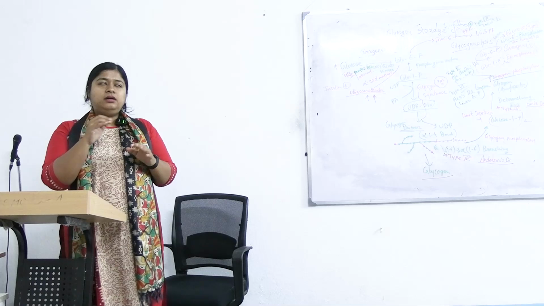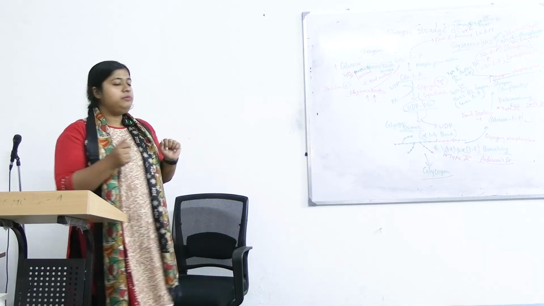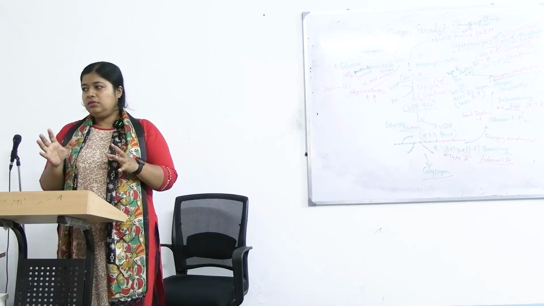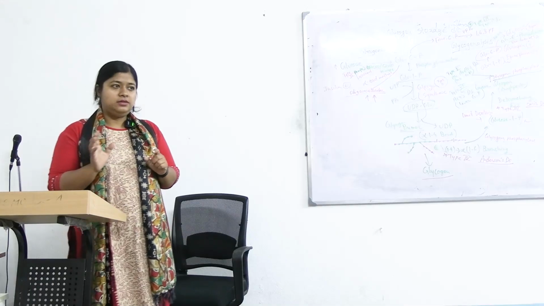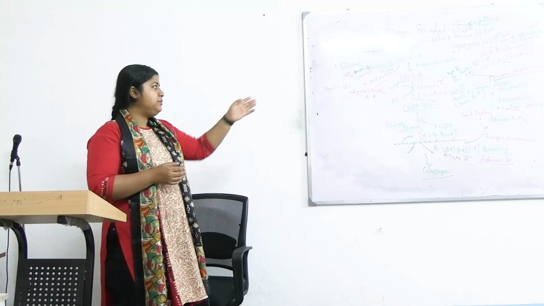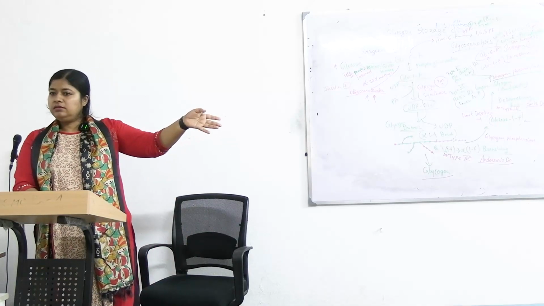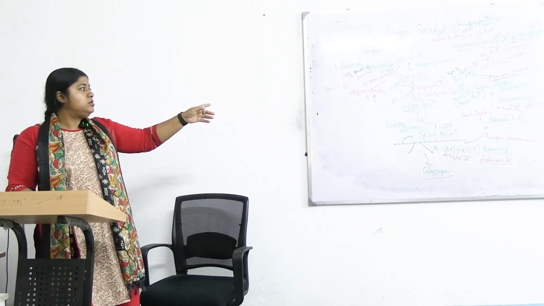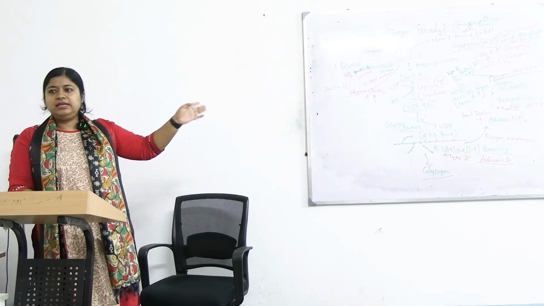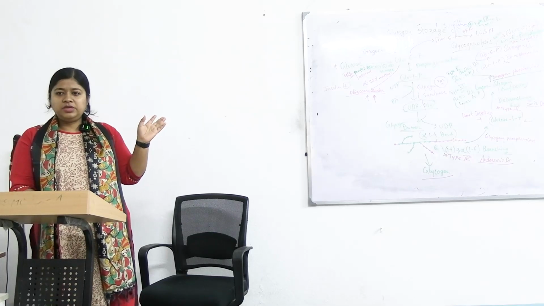It acts mainly in muscle tissues, like mostly in the heart. All other enzymes act in liver and muscle, but lysosomal maltase or acid maltase acts mainly in heart muscles.